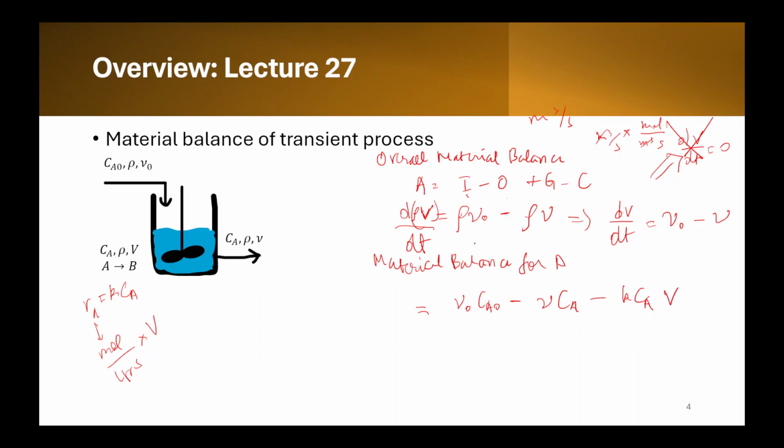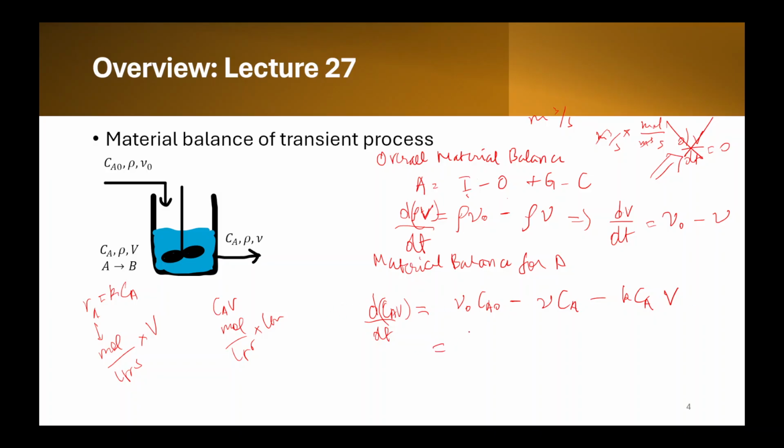So this is Kca V. Again, here we write the mass of A built up inside the reactor, which will be Ca into V, mole per liter into liter. So the liter gets cancelled, mole remains, and because there is dt in the denominator, it will be d Ca V by dt. So this is the material balance of A.